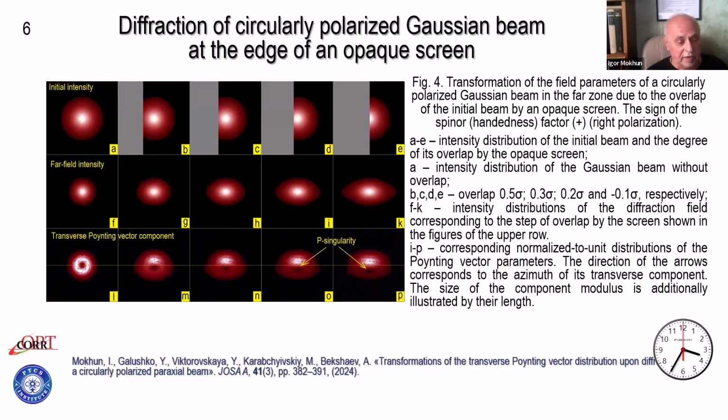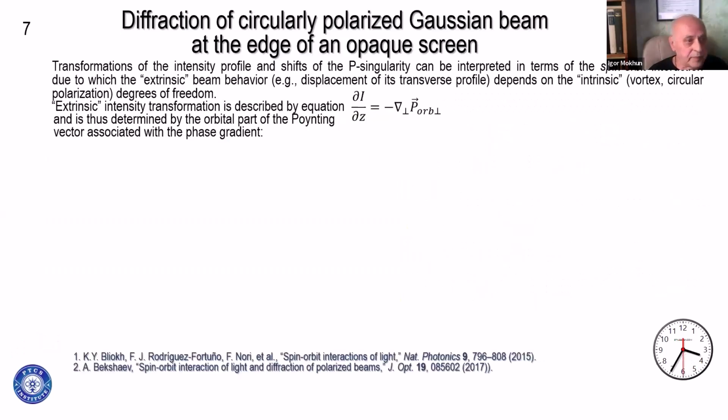In our case, by the sign of the handedness factor, right or left polarization. Note, the intensity distribution is symmetrical relative to the beam center. In other words, it is the structure of energy flows that indicates the nature of polarization of the initial beam.